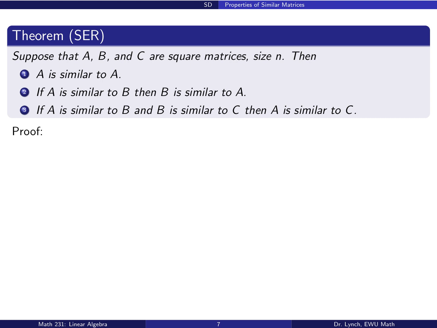And there's this transitive property, right? If A is similar to B and B is similar to C, then A is also similar to C. Okay, so this identity property, this symmetric property, and this transitive property are characteristic of an equivalence relation.